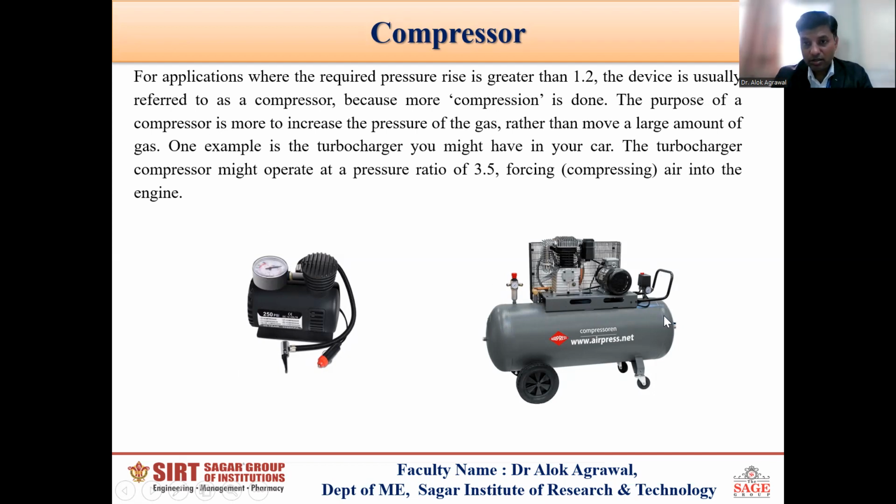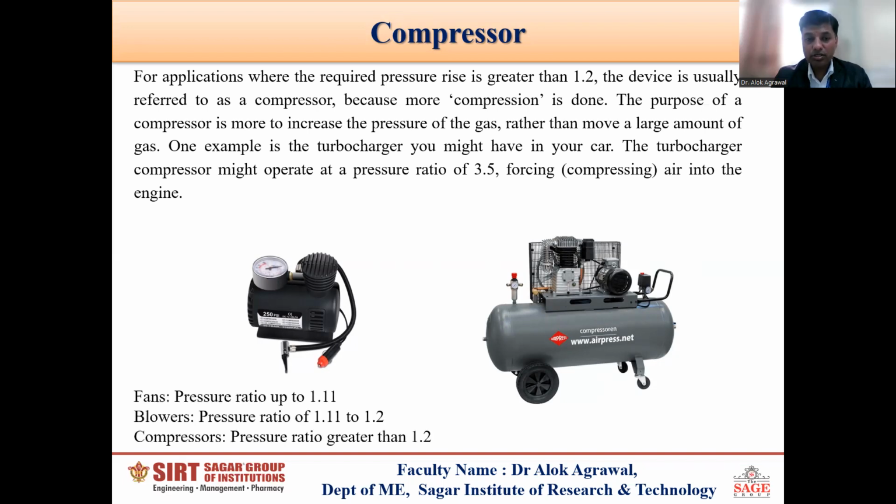This is a machine that you have seen in some shops where they keep compressed air, and when we take our vehicle to that shop, they use it to fill air in our tire. Okay, so this is about the compressor.